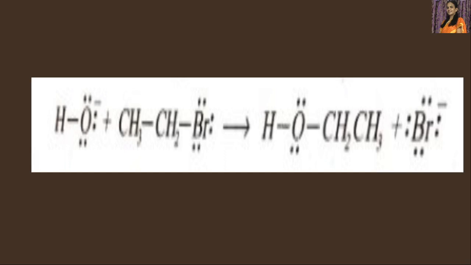See, this is the OH minus ion, the attacking nucleophile. It attacks this carbon. Then this Br, along with this pair of electrons in the form of Br minus, is leaving. Hence it is the leaving nucleophile. OH minus is the attacking nucleophile, Br minus is the leaving nucleophile. So one nucleophile substitutes another nucleophile. Therefore, it is a nucleophilic substitution reaction.